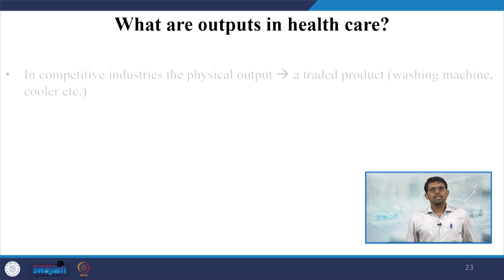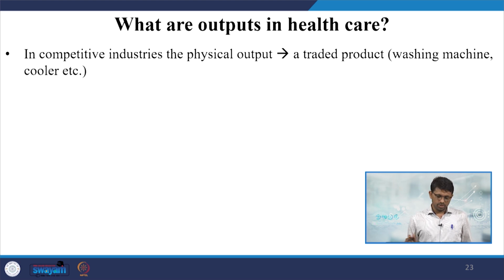So, what are the outputs in the healthcare sector, the unit we are discussing?